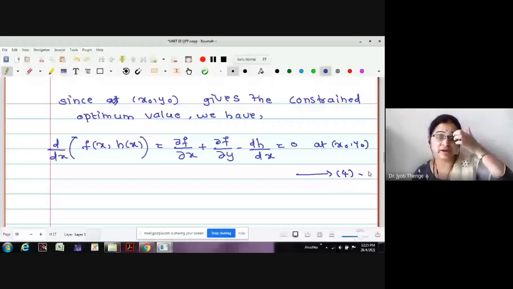Now let me use Lagrange's multiplier method. I am going to introduce a parameter lambda.